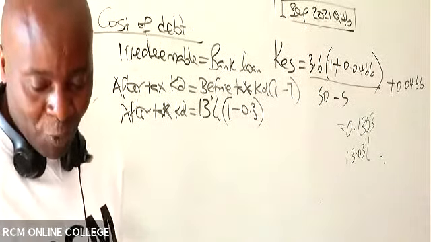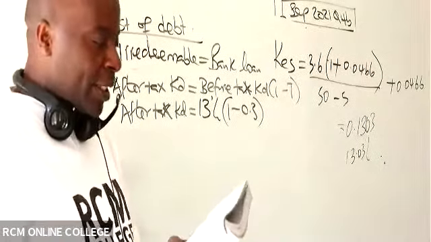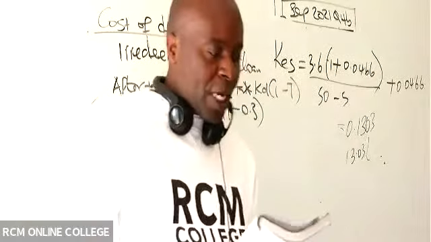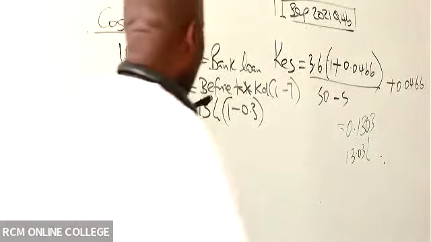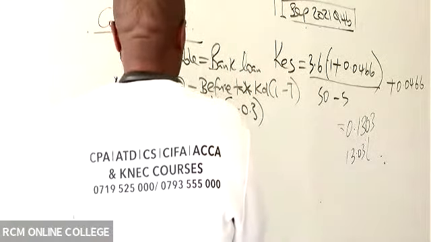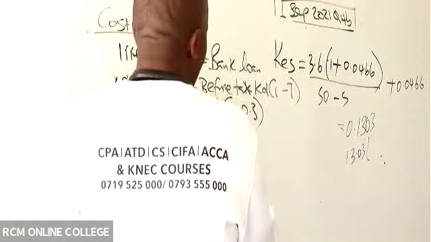Tax rate has been given before required, which is 30%. So then the after tax KD gave you guys what figure? 9.1%.